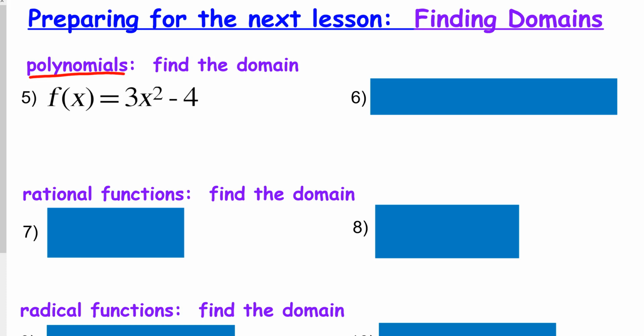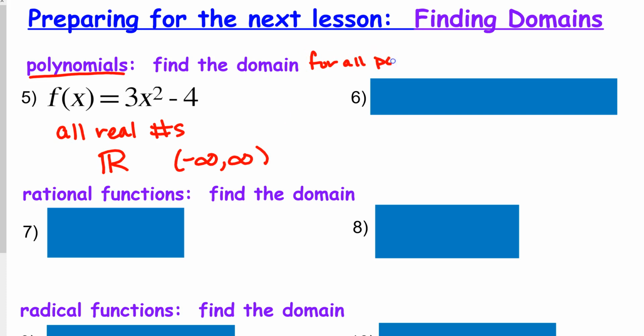So for every polynomial, the domain is all real numbers. You can say all real numbers, or you can use the all real numbers symbol, or you can use an interval, -infinity to infinity. That is true for all polynomials, always all real numbers for the domain.